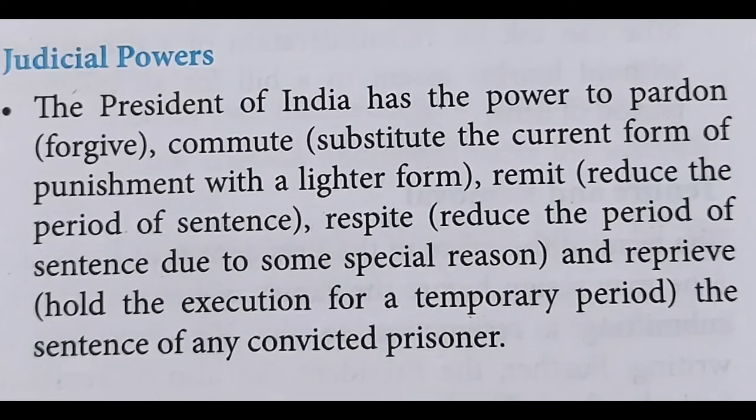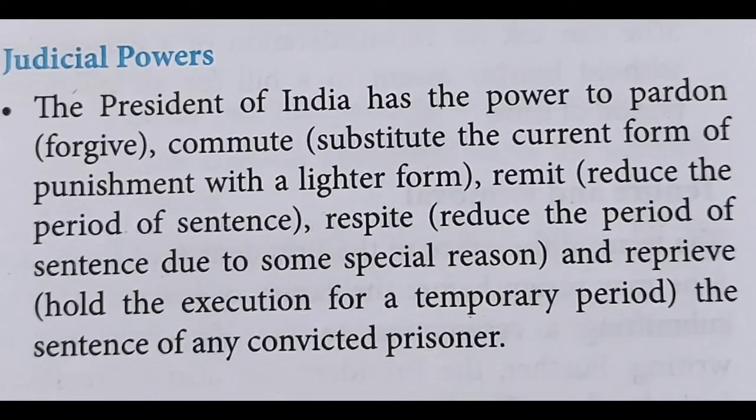The meanings of all these words are given: pardon means forgive, commute means substitute the current form of punishment with a lighter form, remit means reduce the period of sentence, respite means reduce the period of sentence due to some special reason, and reprieve means hold the execution for a temporary period.